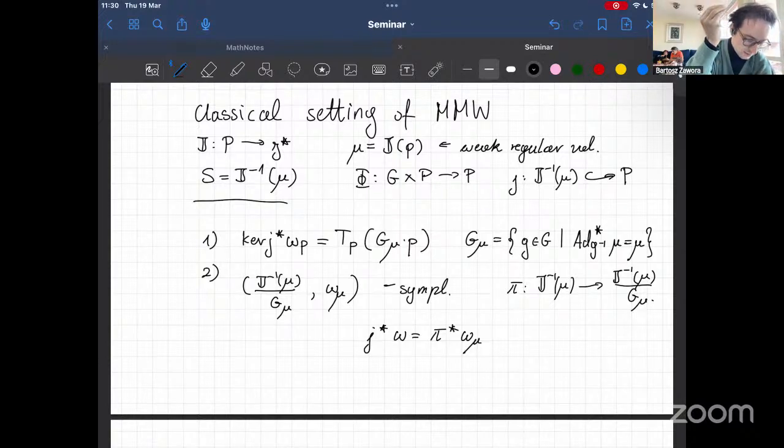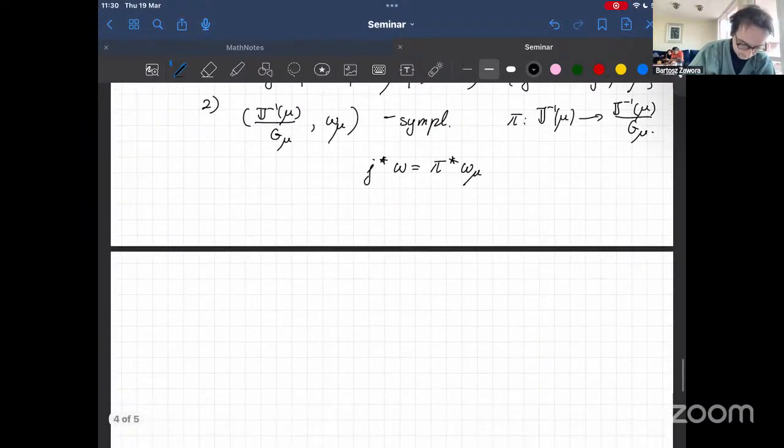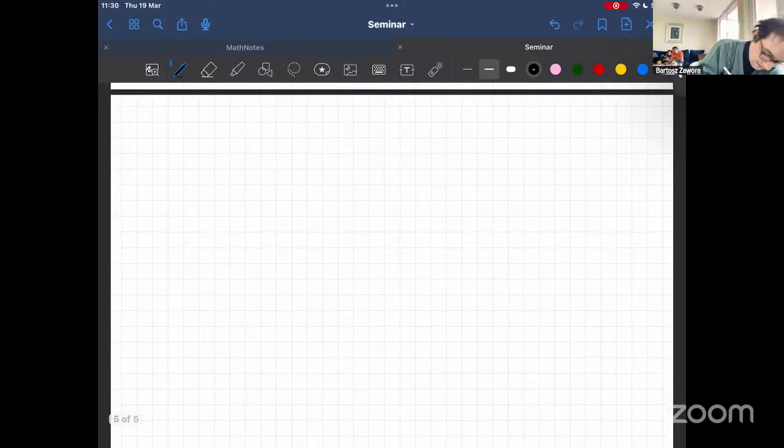Okay, so basically we want to inherit the contact structure on the quotient. Okay, so let me introduce some basic notions from contact geometry.